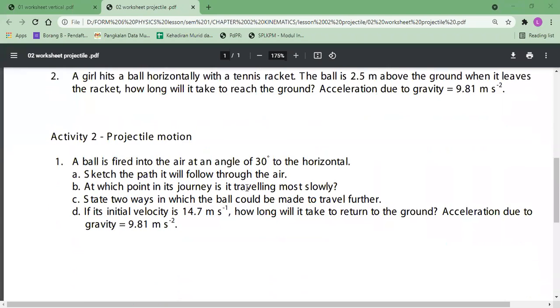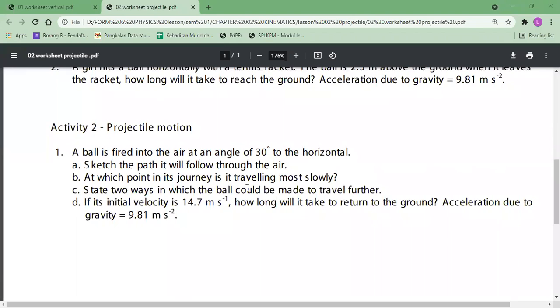Second question for the projectile motion. A ball is fired into the air at an angle of 30 degrees to the horizontal. A: Sketch the path it will follow through the air. B: At which point in its journey is it traveling most slowly?